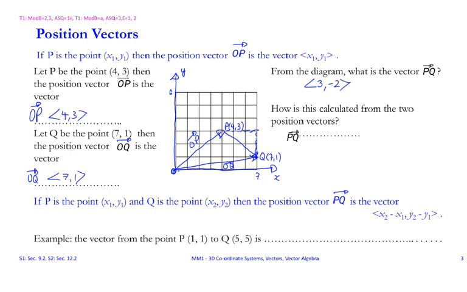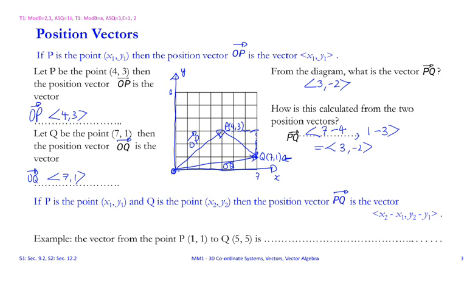It's actually very straightforward. If you go from P to Q, you're actually minusing. So if we go 7, 1, so that's Q is our end point, and we minus P, our start point, we end up having our vector.